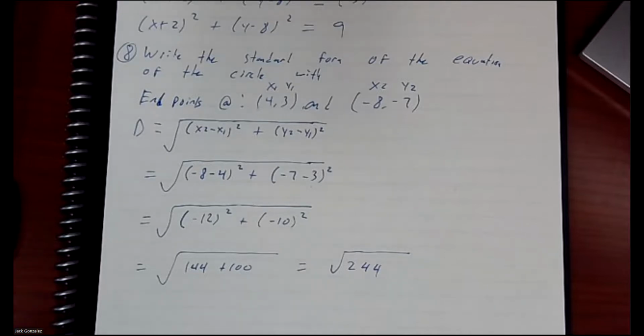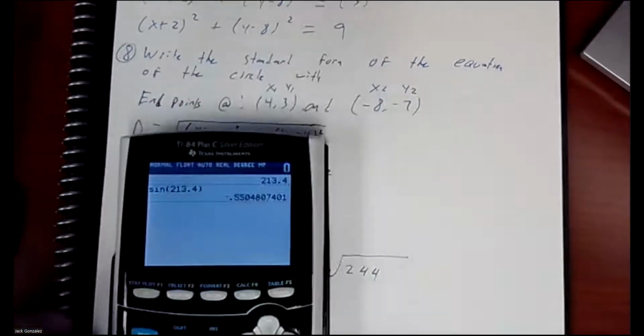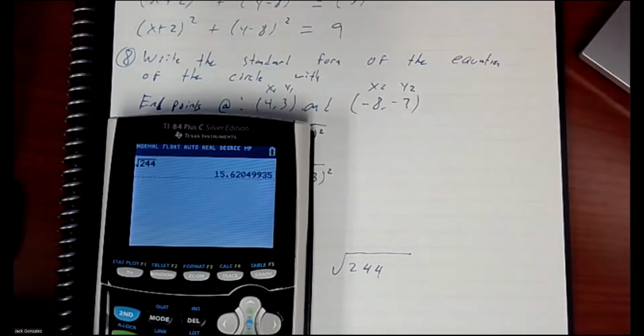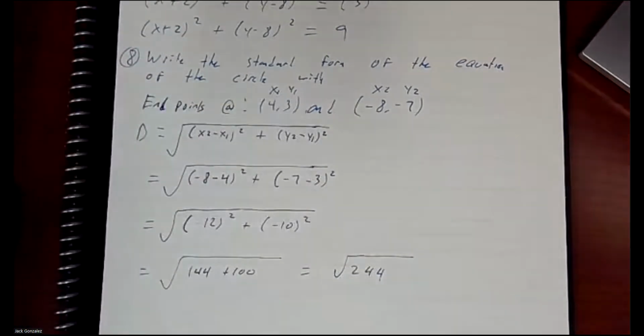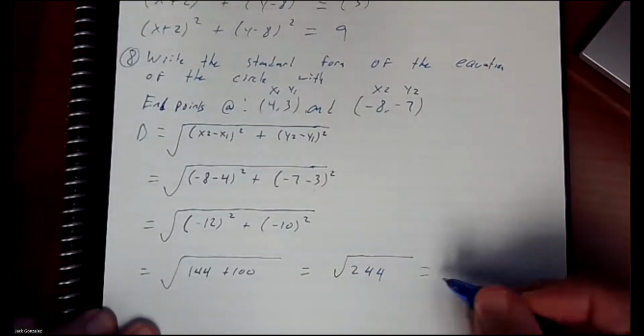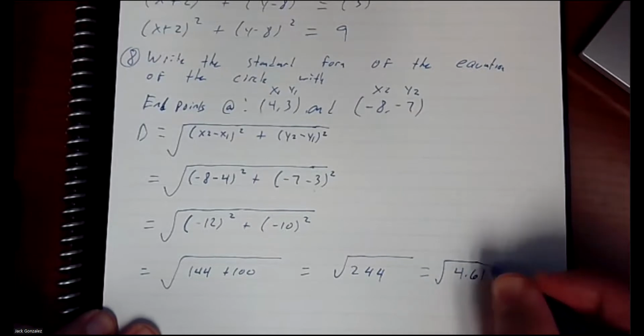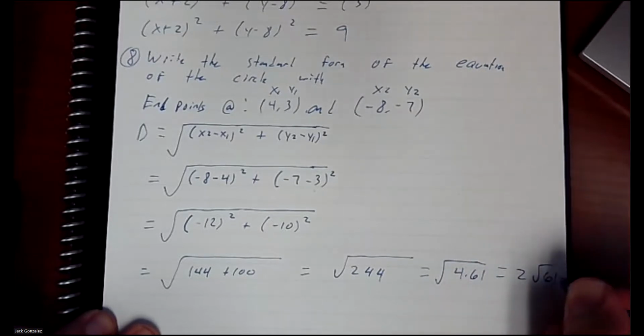Does this reduce? Four goes into it. So this would be the same as 4 times 61, which would be 2 square root 61.